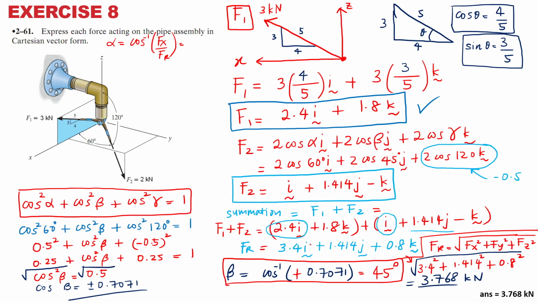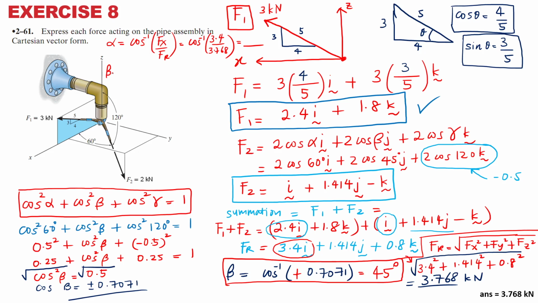So you have to look at this one. Alpha is cos negative 1 of Fx, 3.4 divided by 3.768. Get the value.